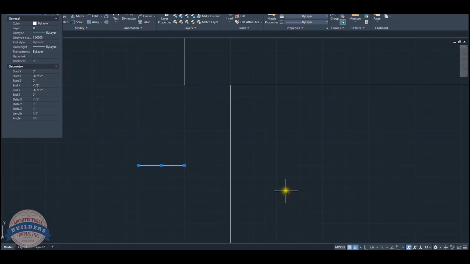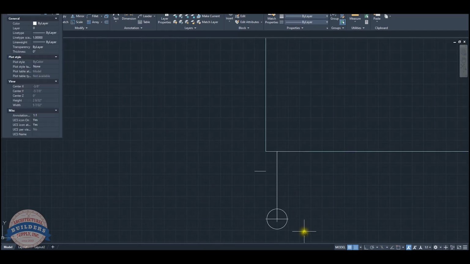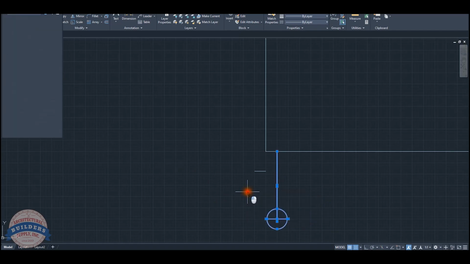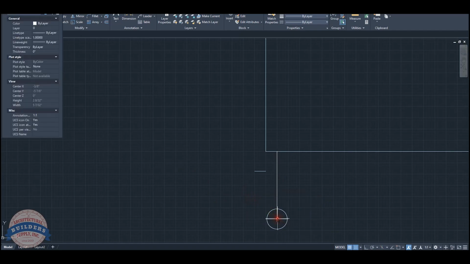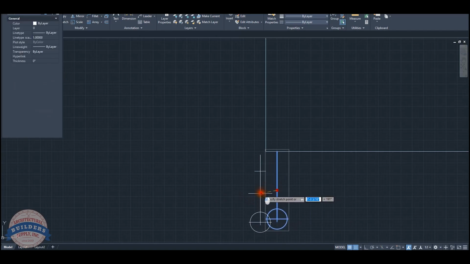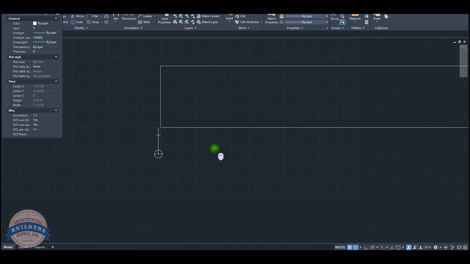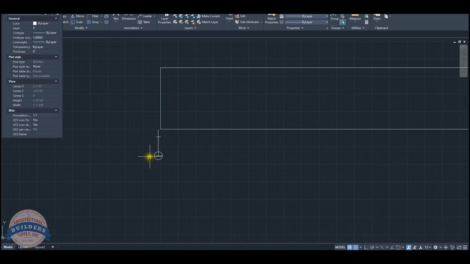Okay, so that's good. So what we want to do is take this, group it, let's move it right there. That's going to be our vertical axis of rotation for the door.